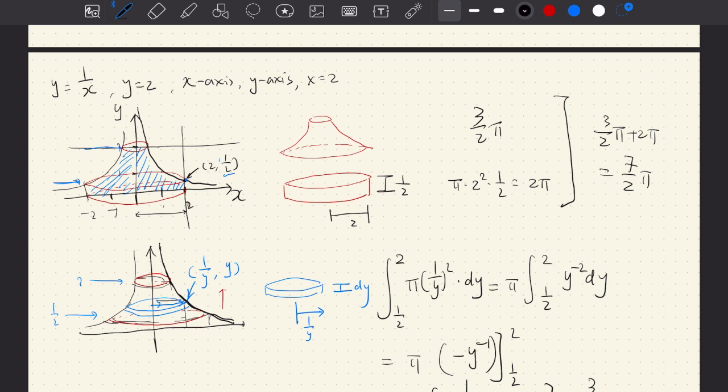You notice that for this problem, you have to cut the solid into different pieces so that you can get its volume.